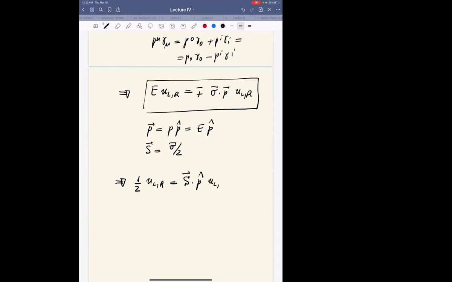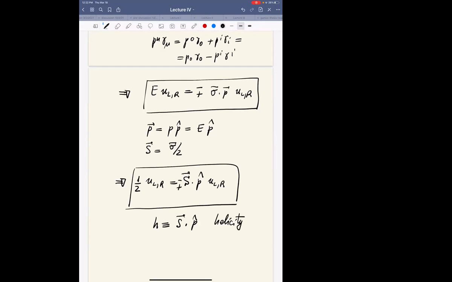For U left right, there is a minus or plus sign. I introduce the famous helicity, a projection of the spin on the direction of motion, a characteristic of massless particles.